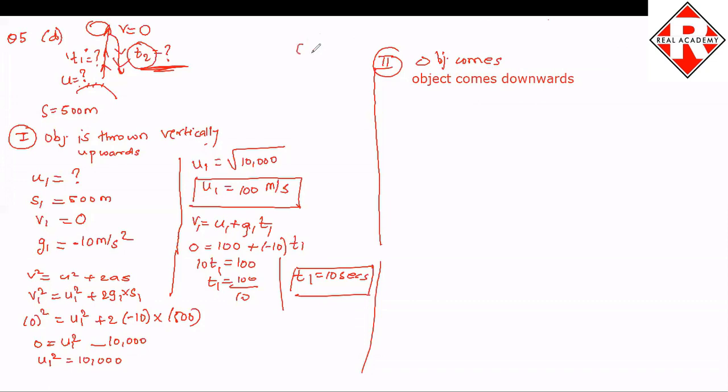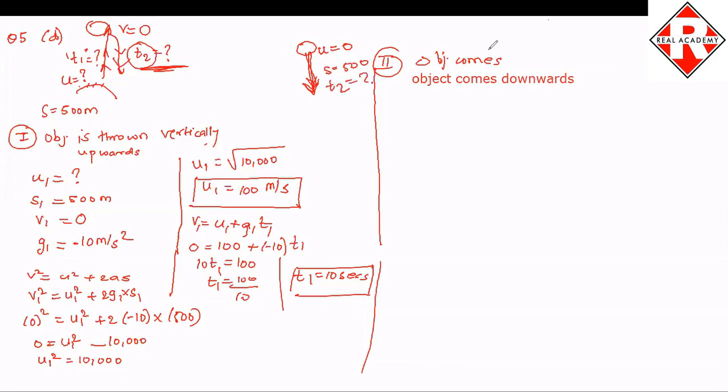Here is the ball, and now it starts falling downwards. So the initial velocity that you will have will be 0. It will travel the same height, that is S equals 500 meters, and we have to find the time taken.